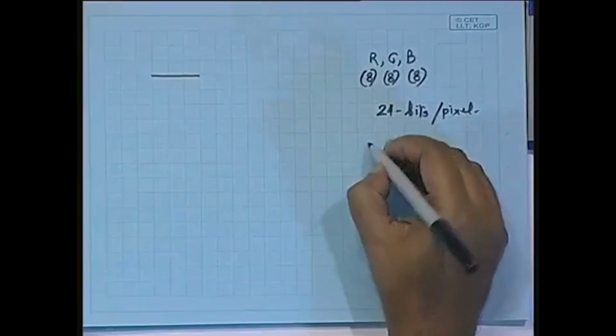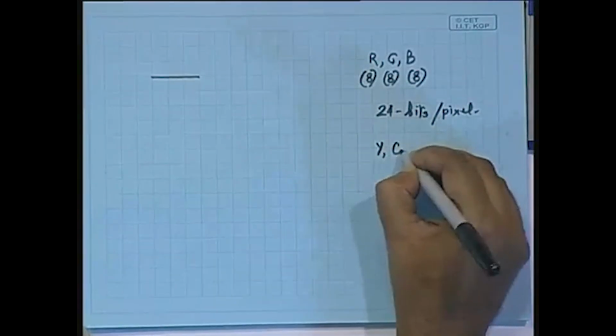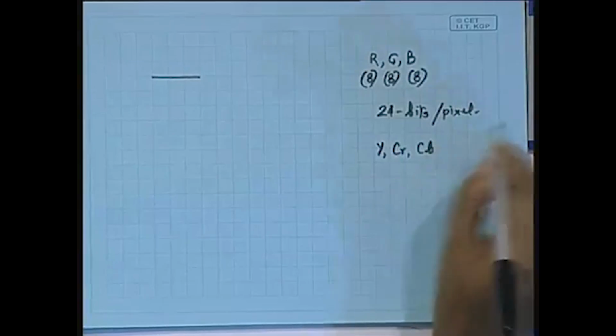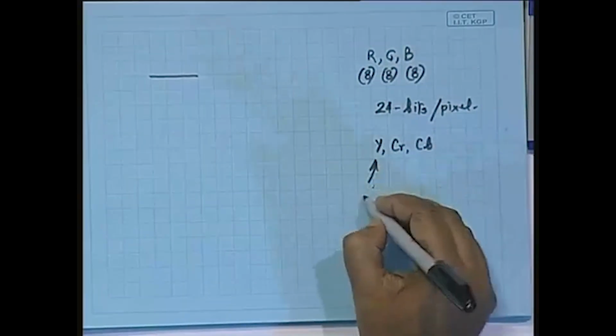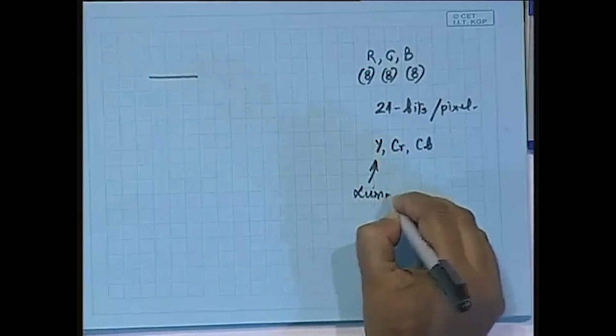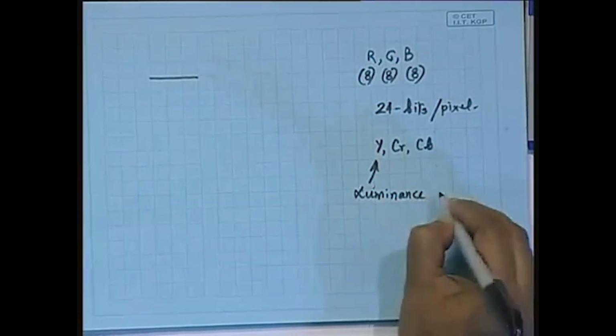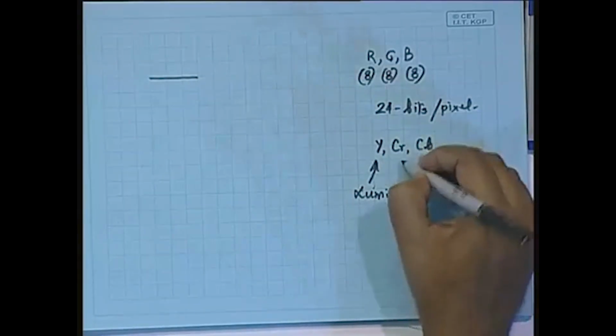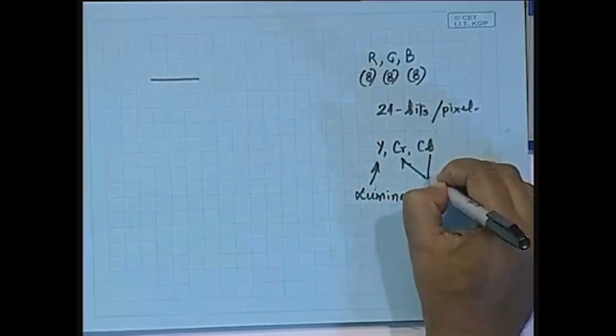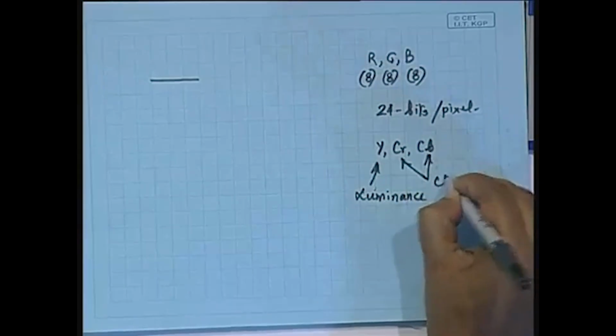Now, there is an alternative representation, the YCrCb structure, where Y is the luminance, which indicates the intensity values, and Cr and Cb indicate the chrominance values.